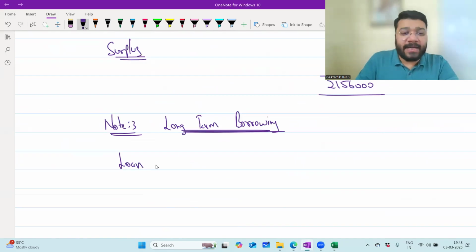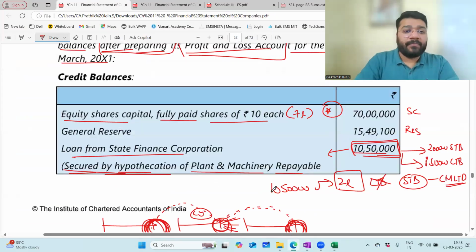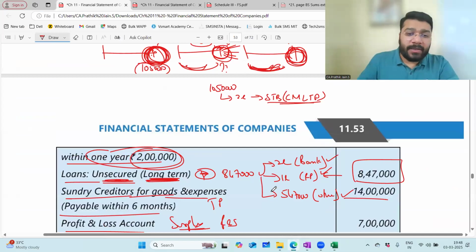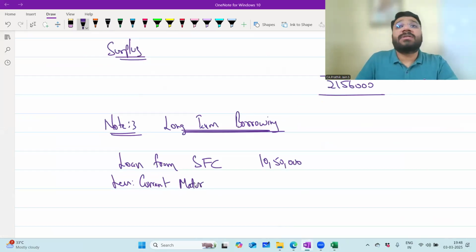In the inner column, please write loan from State Finance Corporation, 10 lakh 50,000, less current maturities of long-term debt 2 lakh rupees. Sir, should we minus and show this in the inner column? 100% yes, because we want to know how you derived that 8,50,000 rupees.